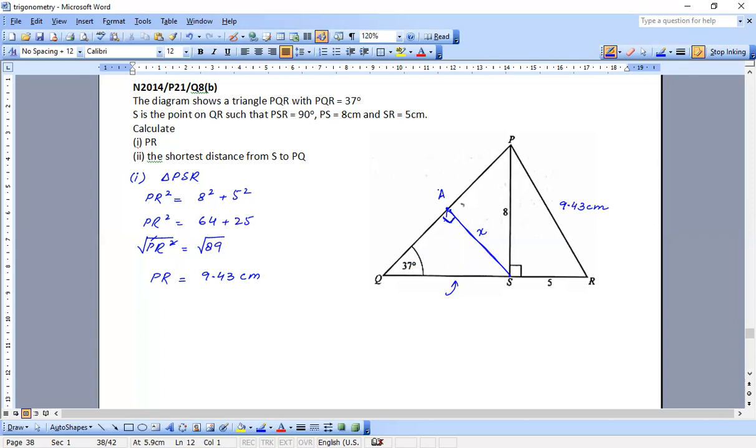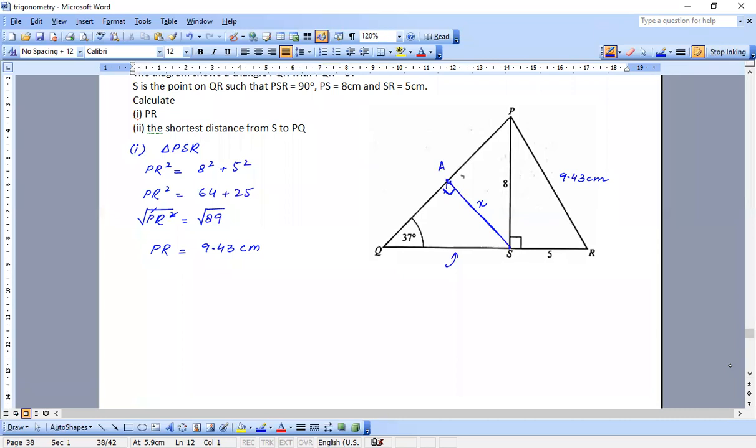Is there any way we can find out the value of QS? Yes, there is a way. If I consider the triangle PSQ and apply a trigonometric ratio there to find out the length of QS, that will help me in finding out the blue line from A to S. So instead of calculating the value of x first, the first thing I have to find out is the length from Q to S, for which I am going to consider the triangle PSQ, the whole triangle.